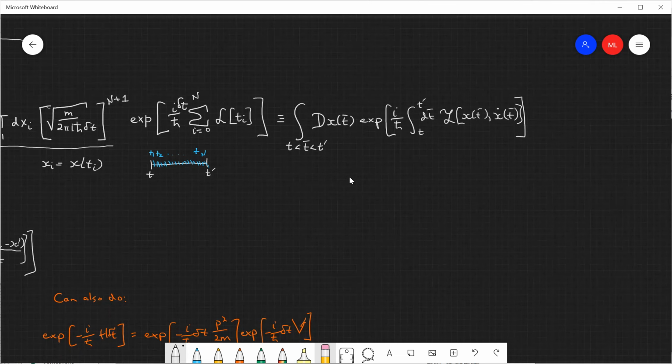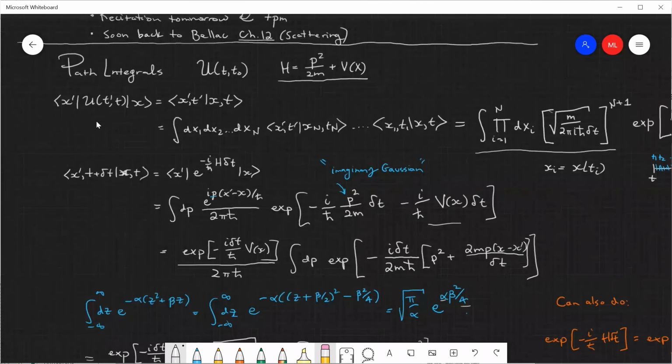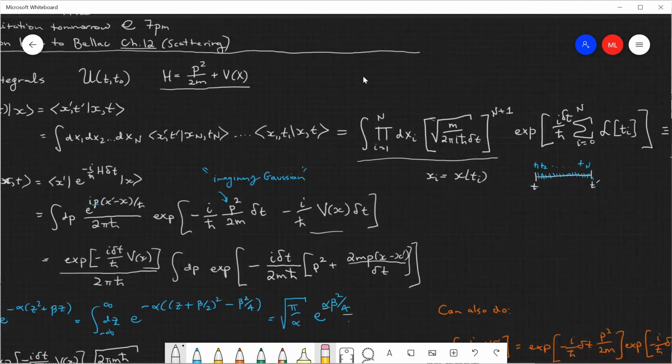And so you can actually use this to compute time evolved states. It's basically another way of solving Schrodinger's equation, right? This is a solution to Schrodinger's equation. Remember what the unitary operator does. It just tells you how states evolve, right? We can use this propagator, let me call it k, to take some initial wave function, integrate it against k, and that'll give us the wave function at x at the evolved time.